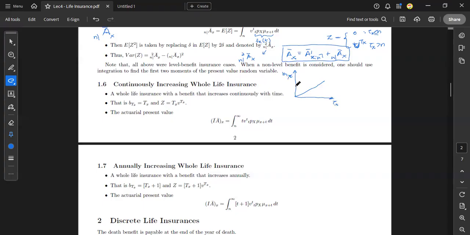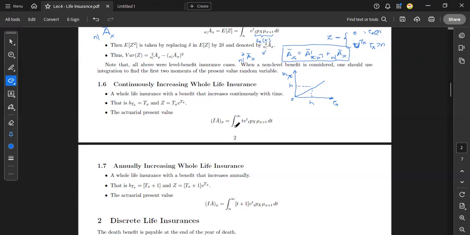And if it is 1 to 1, then if this is H, then this is also H. So in that case, the benefit function is Tx, a random variable now, and the present value random variable is Tx times vTx. So the actuarial present value is the integral of t times v^t times fx(t).